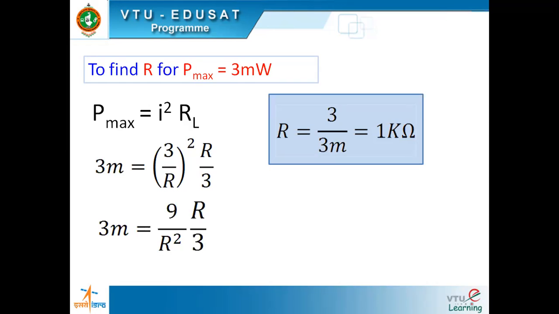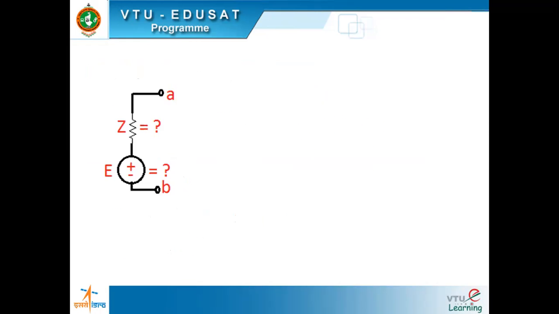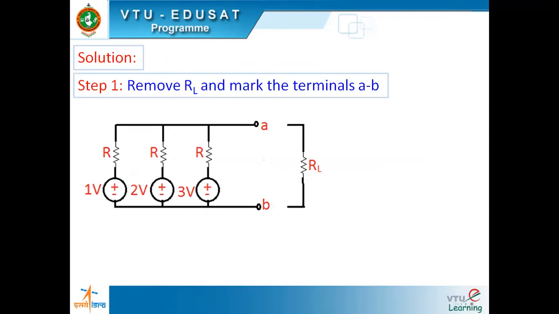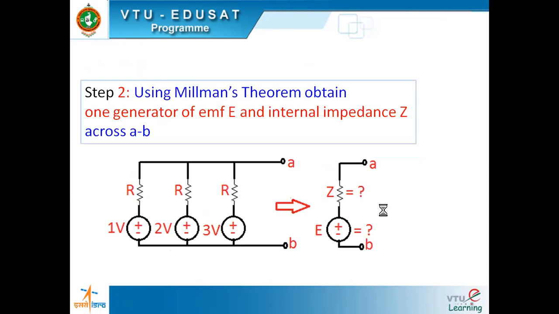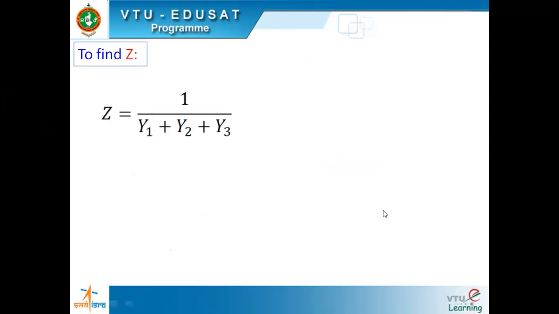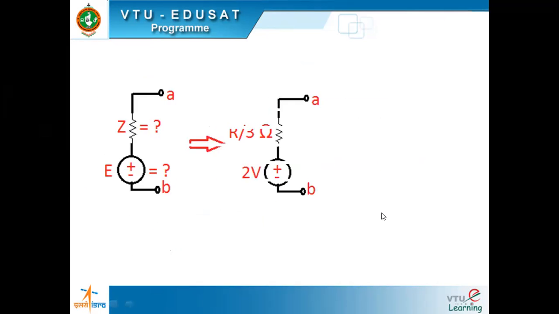Let me just explain it again. What was the question? Find R such that maximum power delivered to the load is 3 milliwatts. So what did we do? We first combined these resistances and voltage sources to obtain the Thevenin's equivalent network by Millman's theorem, which is this. This is as good as your Thevenin's network.